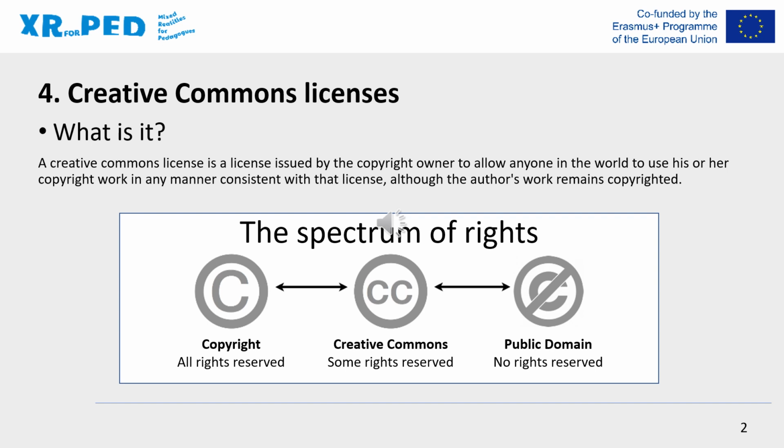At one side of the spectrum, you can fully keep all copyrights of your work, also mentioned as all rights reserved. At the other side of the spectrum, you can decide to let your work be part of the public domain, also mentioned as no rights reserved. The Creative Commons license comes in when you prefer to keep some rights.